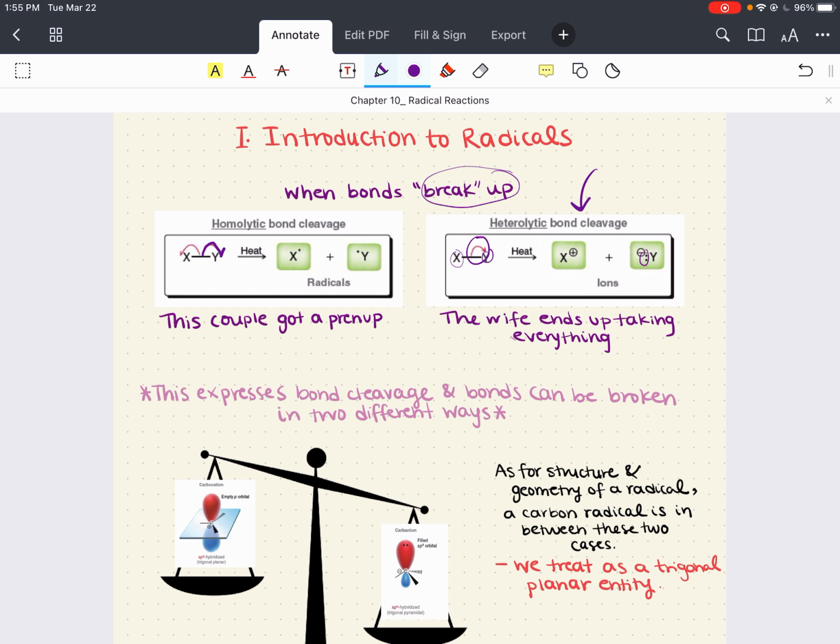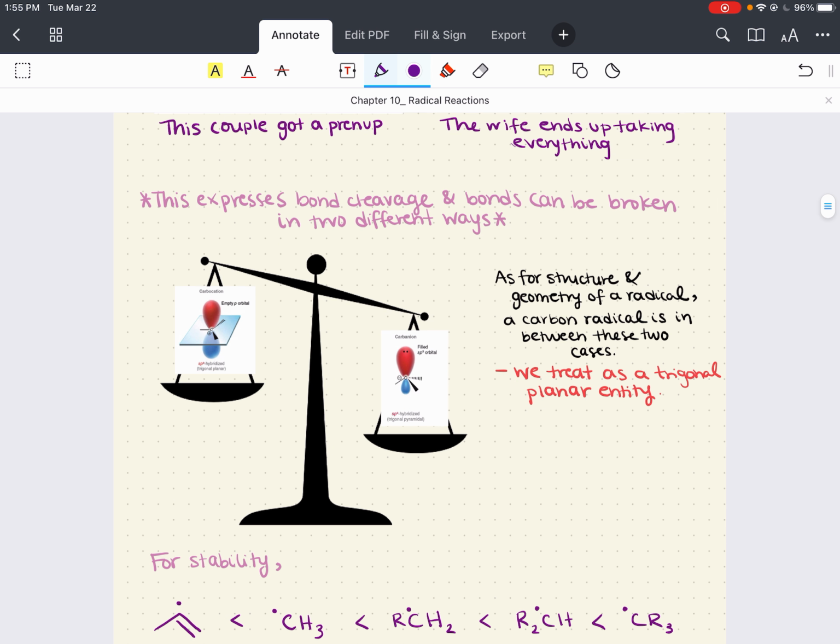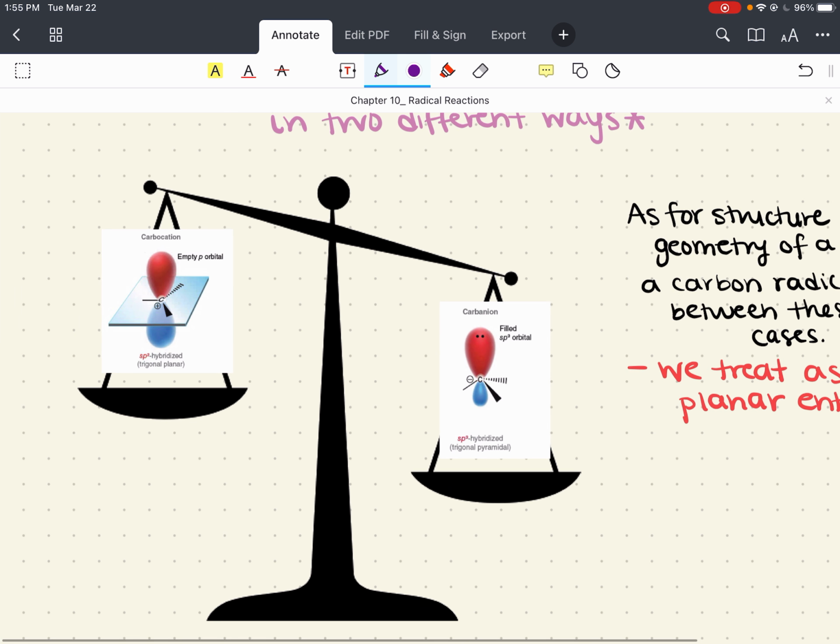Now, in order to understand the structure and geometry of a radical, let's look first at the geometry of a carbocation versus the geometry of a carbanion. In a carbocation, the carbon is sp2 hybridized, and it has a trigonal planar geometry.